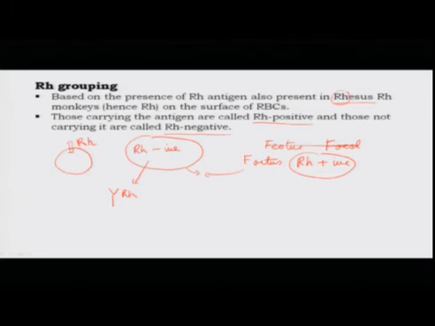In the second pregnancy, again if the fetus is RH positive, now the mother has a lot of anti-RH antibodies present in the blood. Unlike the RBCs which cannot travel across the placenta, antibodies can pass through the placenta.